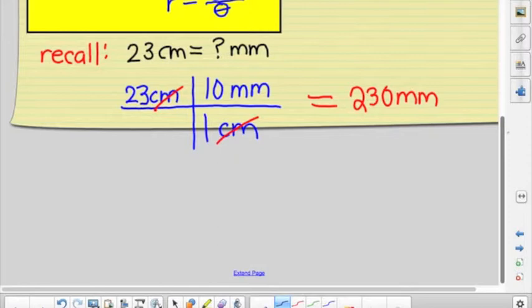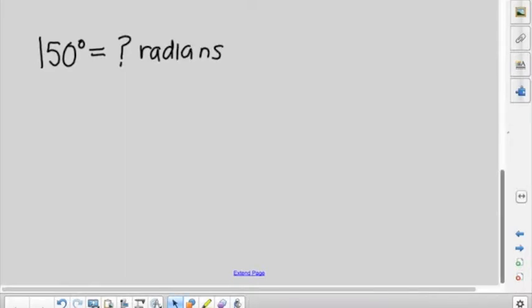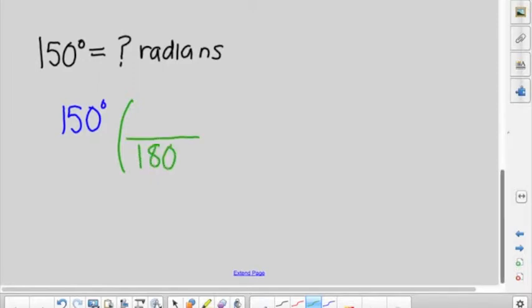So for example, if I want to figure out 150 degrees is equal to how many radians? Well, I'm going to start with my degree measure. And you're going to multiply, in terms of radians, in 180 degrees is equivalent to pi radians, right?